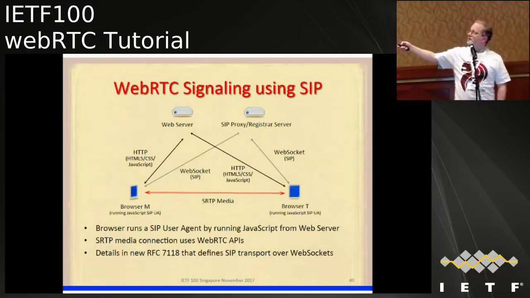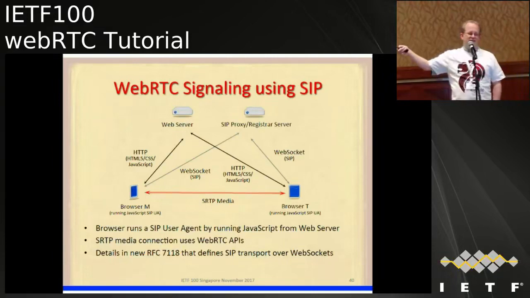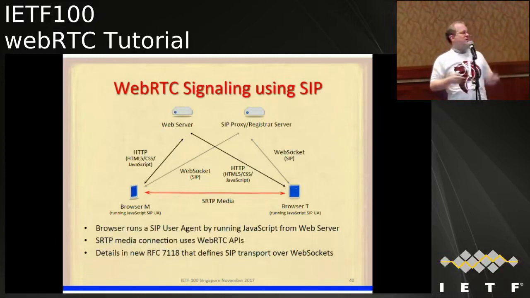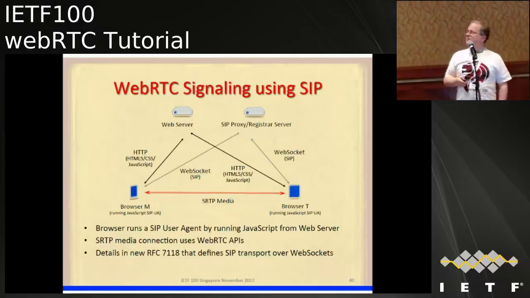The only thing that's really different here is that the SIP signaling information is sent using the WebSocket protocol. And this is not a new RFC. That's one of the other things in the update. This has been around for a while now, but this RFC defines SIP transport over WebSockets. So this is what you would do if you have an existing SIP infrastructure and you just want to use the WebRTC front end, essentially. There are a variety of libraries that you can use to do that.